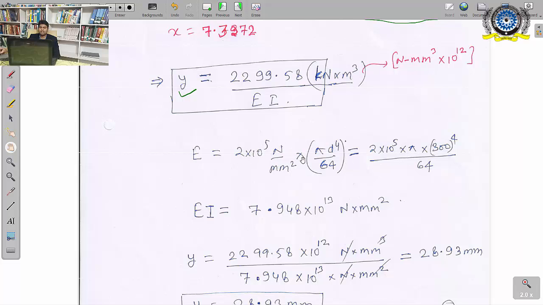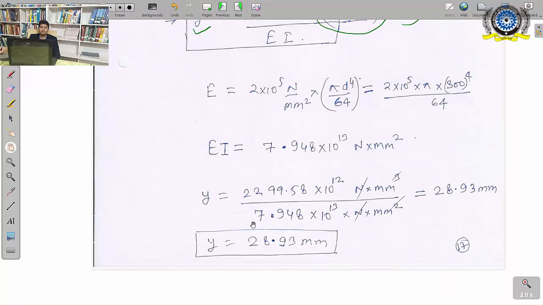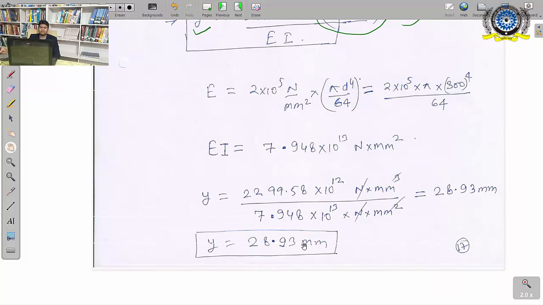These dimensions are in mm, and these are in kilonewton into meter cube, so we will convert these into Newton mm. On putting the values, we found that y has come out to be 28.93 mm.